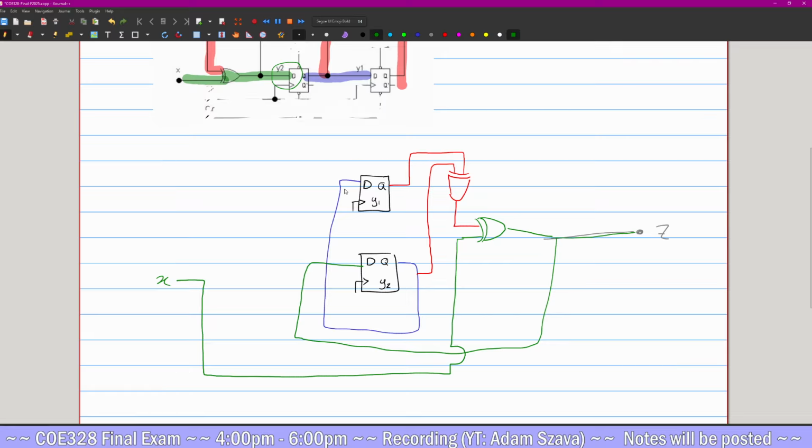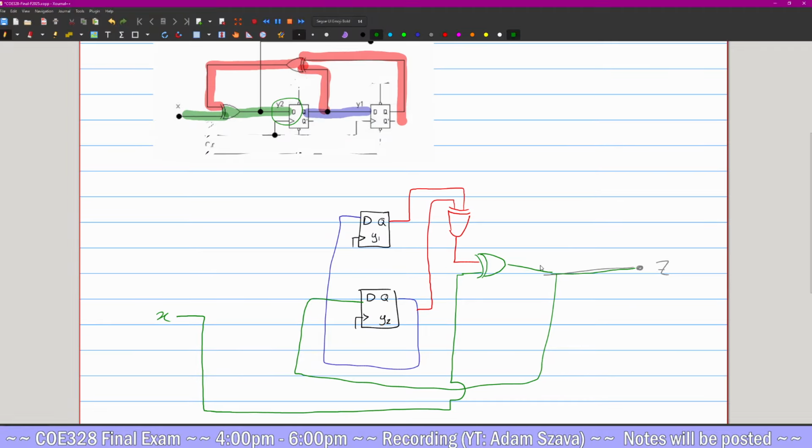This is my next state, this is my present state, this is my output logic, and this is my input logic. The next state logic is really the same thing, but this is my input / next state logic. This OR gate acts in between an output logic and a next state logic, but that's okay.